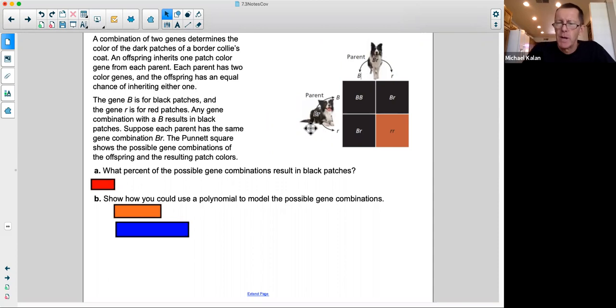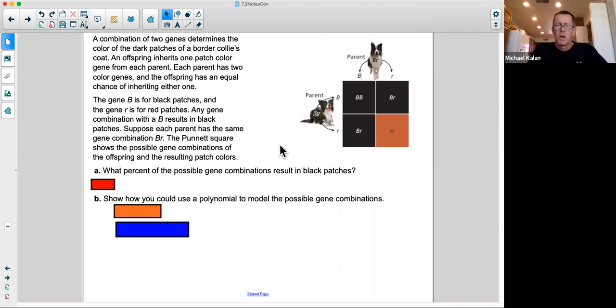So we can see that. Here's one parent, capital B, r. Here's the other parent, capital B, r. Okay. So what are the possibilities? Well, here's your Punnett square. B and B makes BB. rB makes Br. Sounds like RB's roast beef. rr makes rr, and Br makes Br.